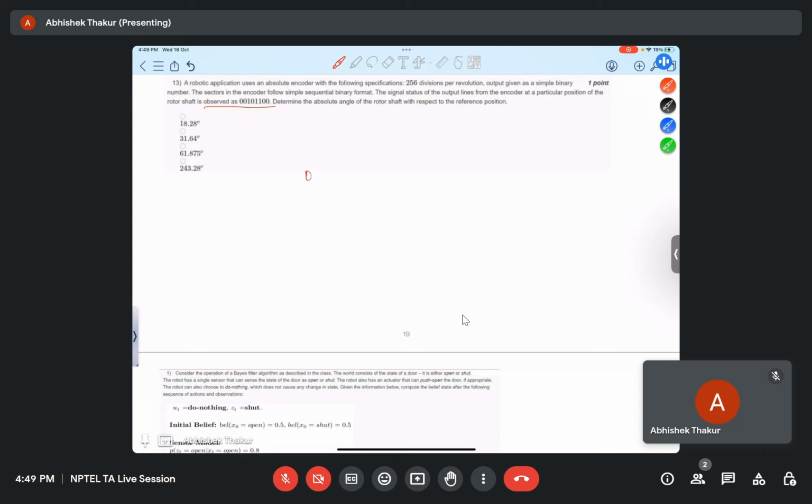So this is given as 00101100, and 256 divisions are there per revolution. There will be 9 bits. So this is 2 to the power of 0, this multiplied by 2 to the power 1, we will change into the decimal value.